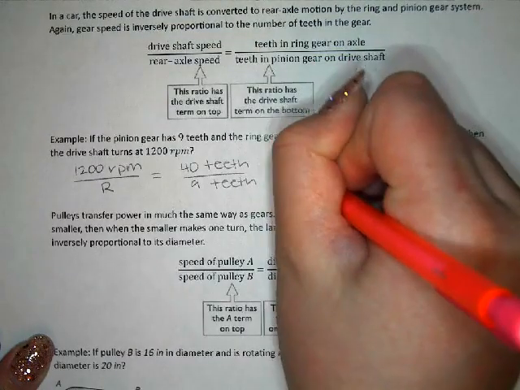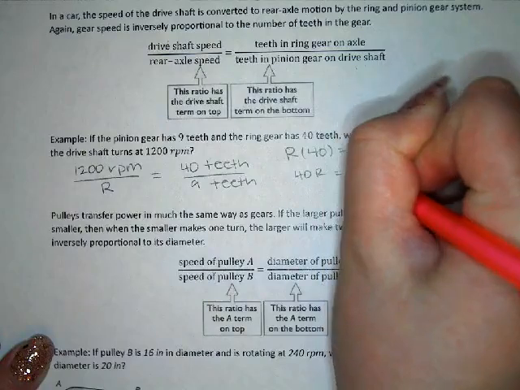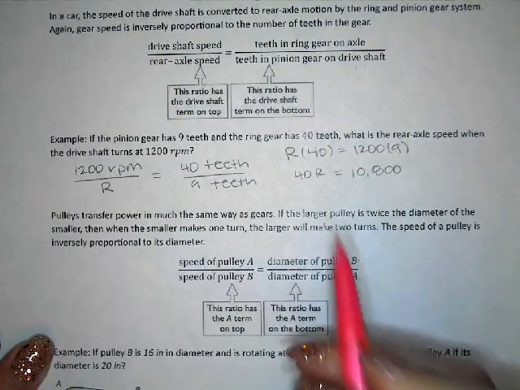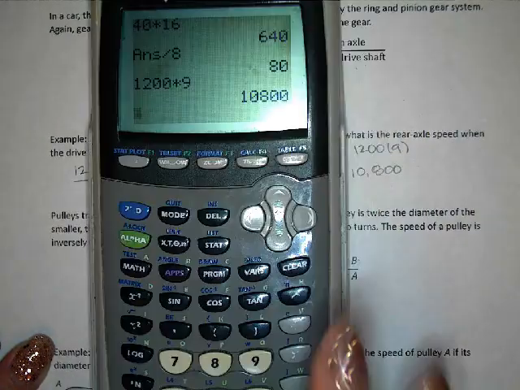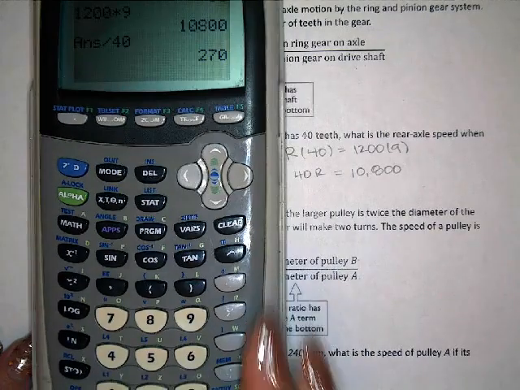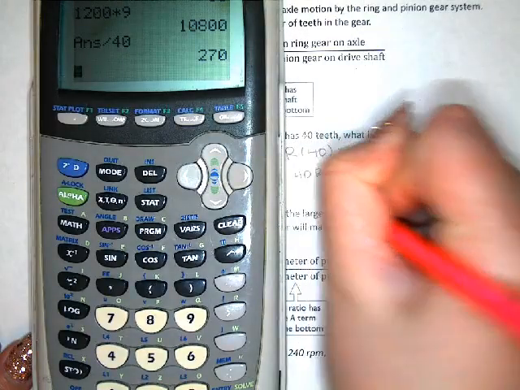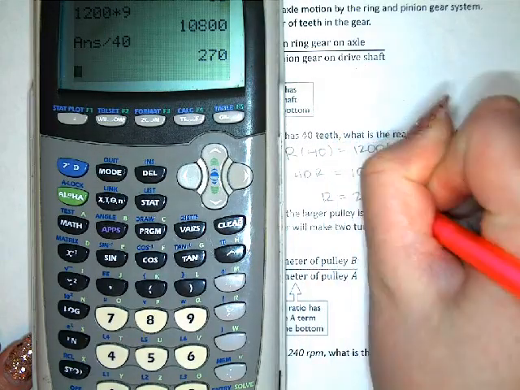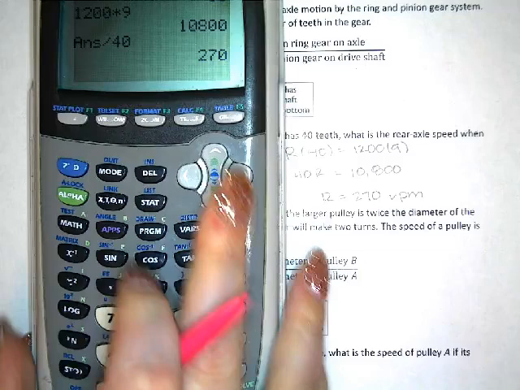And then to get the R alone, I'm going to divide by 40. 270. So the rear axle speed is 270 rotations per minute.